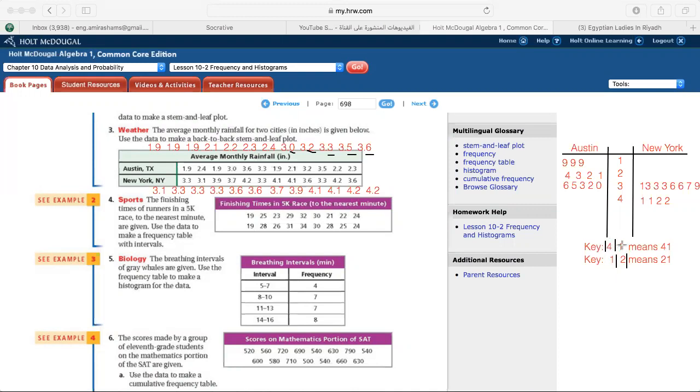So 4 and 1, I choose 4 from the stem and 1 from the leaves. Got it, Aya? Because this was your question. 4 and 1 means 41, and I choose 1 from the stem here and 1 from the leaves here. I choose 2 and 1, which means 21.